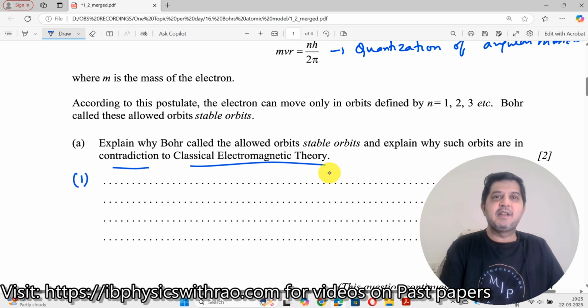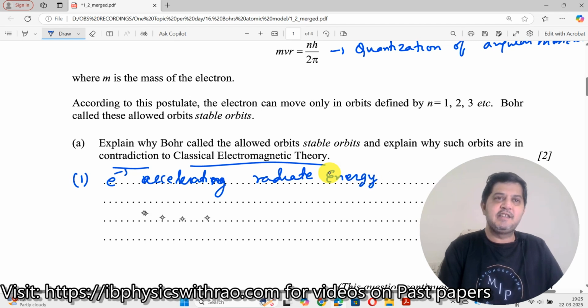According to the first one, classical electromagnetic theory, what did you have? You said that accelerated electrons, accelerating electrons radiate energy.